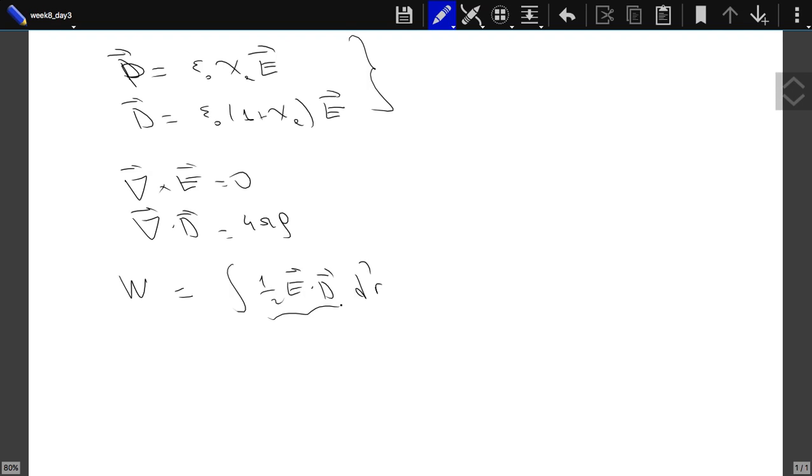Now, this work is the amount of work that we have to do in order to bring all the free charges to their final positions in the dielectric. The dielectric is already there. If we are not planning to break up the dielectric, the self-energy of the dielectric is something we cannot really extract.